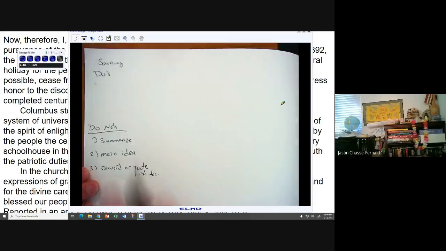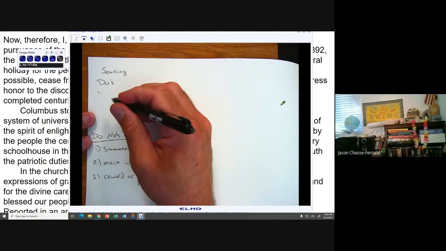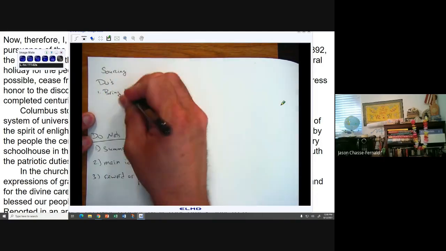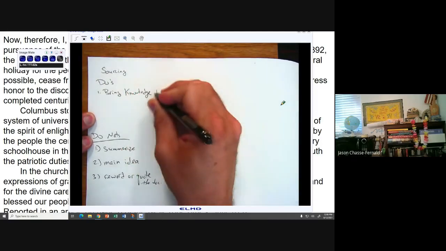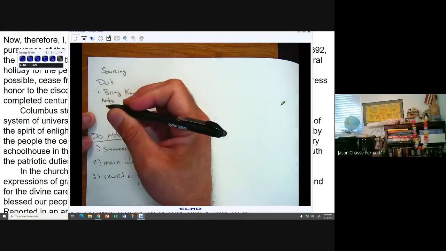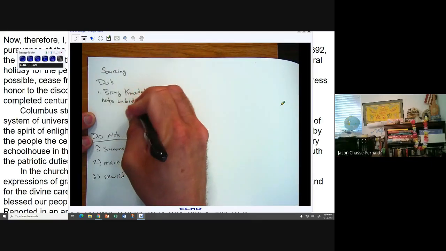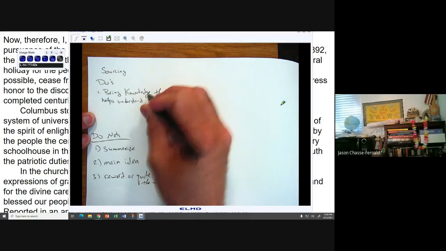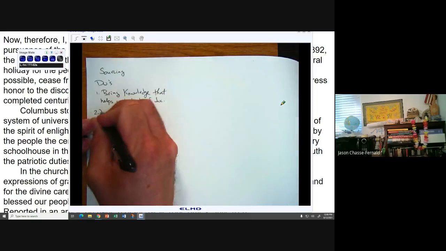What you are being asked to do, the do's here, is bring knowledge that helps you get a better understanding of the document. Okay, do that.